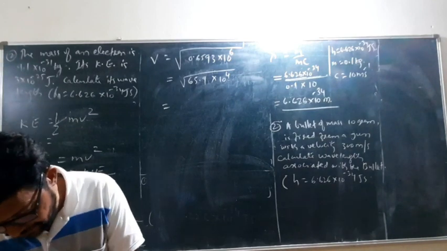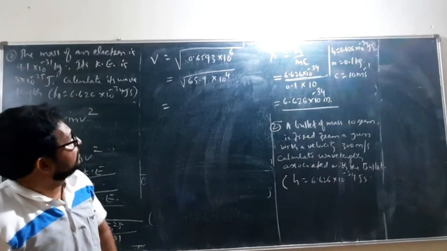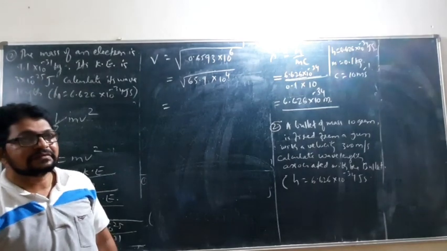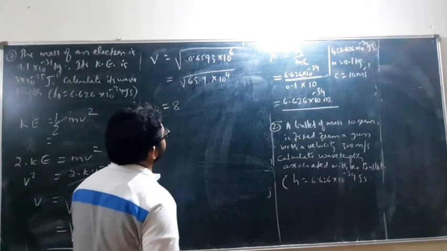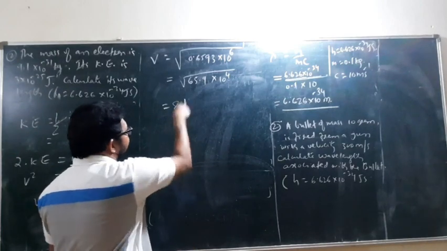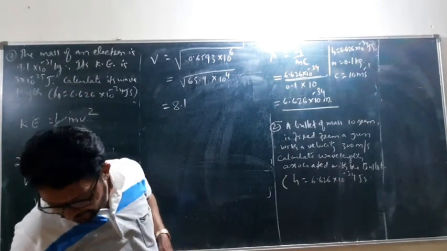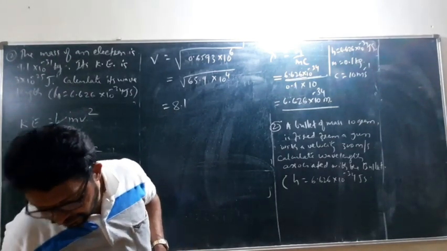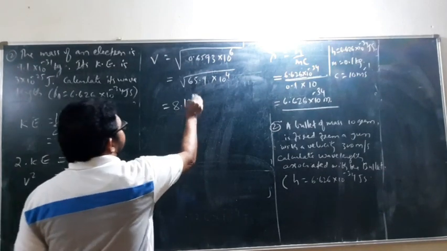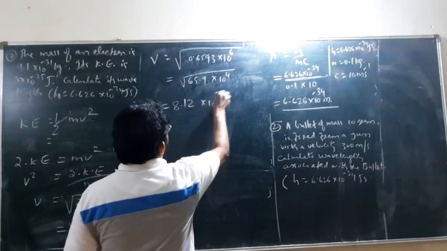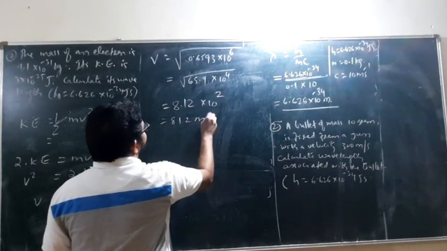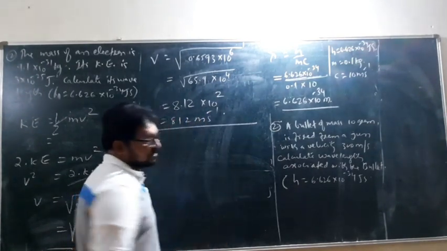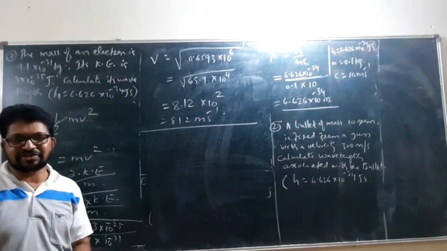Square root of 65, 8 eights are 64, so almost 8 point something, 8.12. Into 10 raised to 2, so 812 meter per second, students.